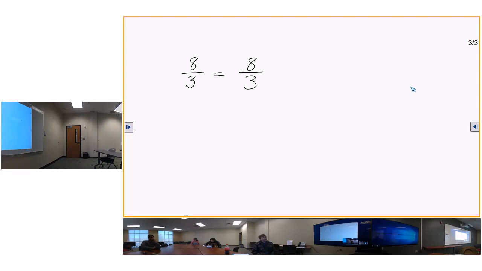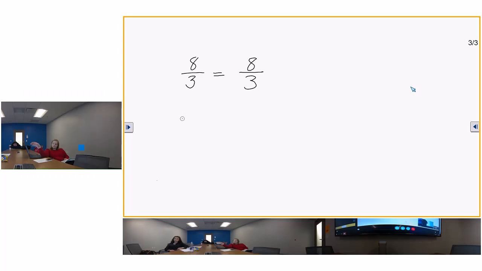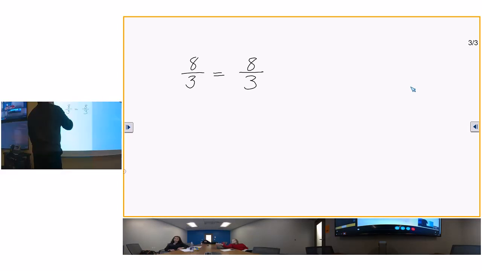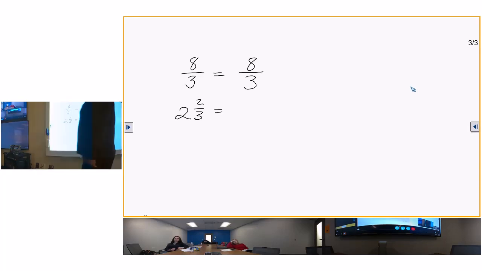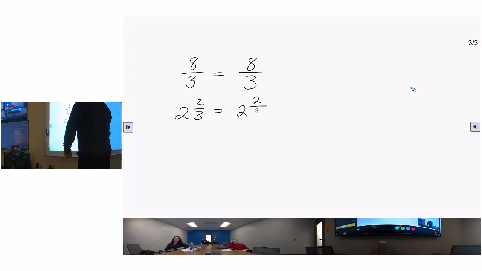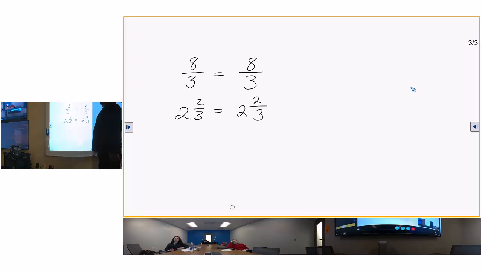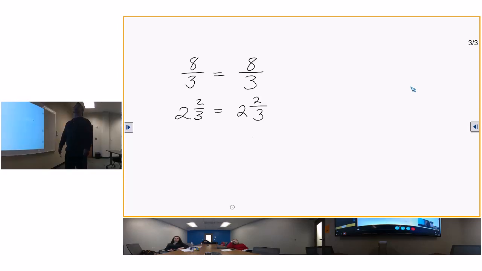How many times will 3 go into 8? 2. That's called enunciation. Good job. And that leaves what? 2/3. Now let's count how many times my pencil hit the paper. 1, 2, 3, 4. Oh my gosh.